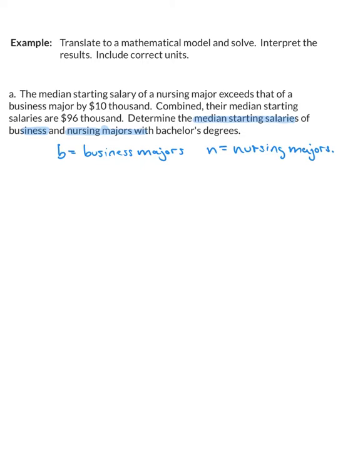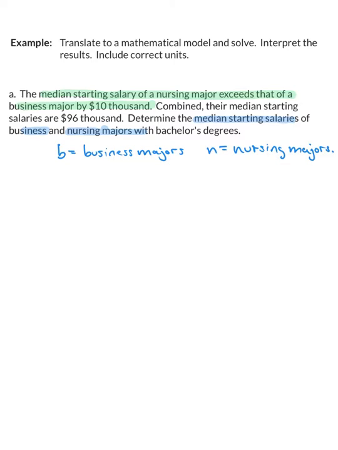The first thing that we have is the median starting salary of nursing exceeds that of business by $10,000. So I'm going to just write this and take out all the extra words to make it a little bit easier to read.